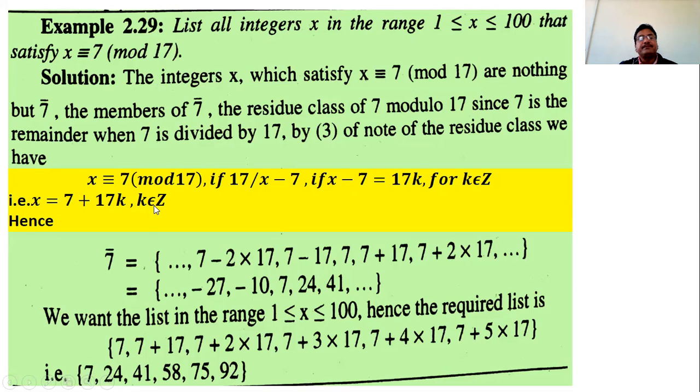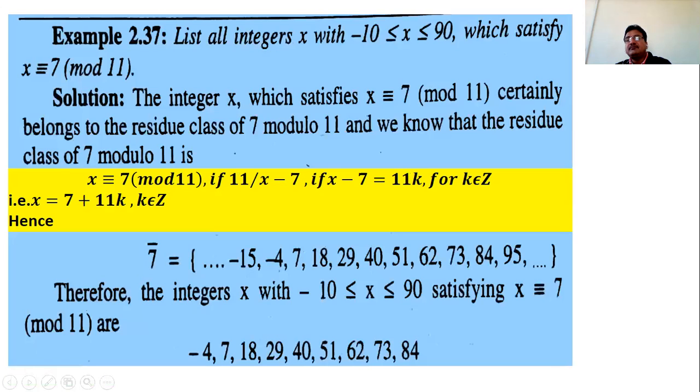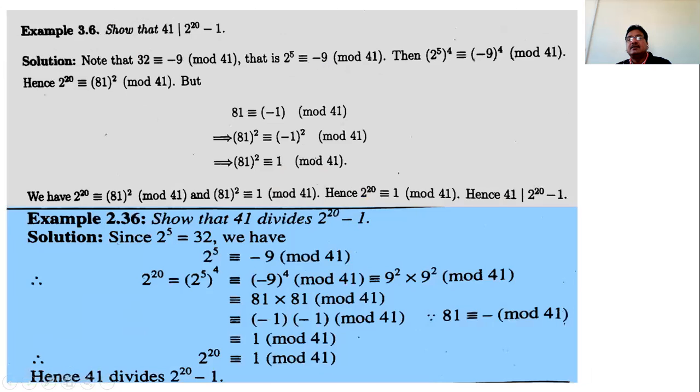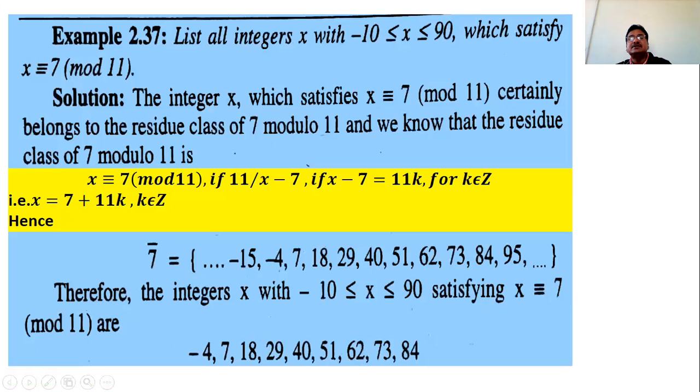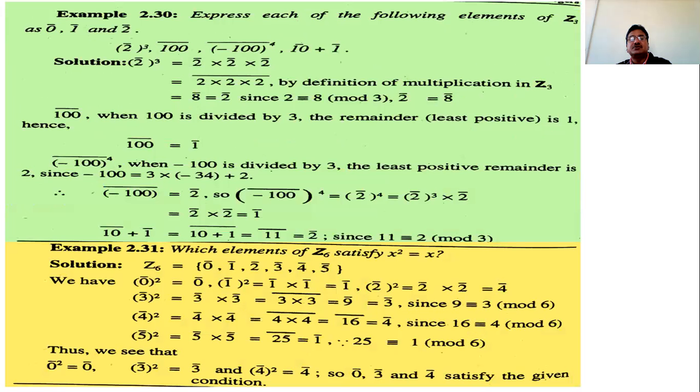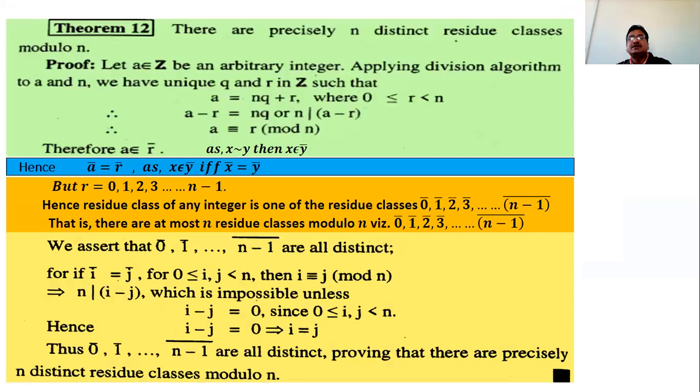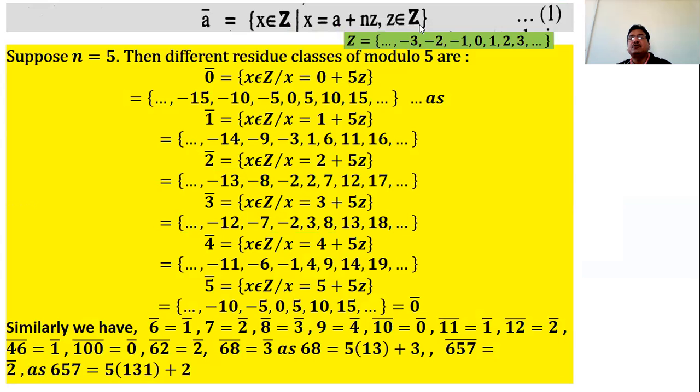That is, substitute k as an integer. And what is the set of integers? The set of integers is 0, 1, minus 1, 2, minus 2, and so on. If you start from minus infinity, it is ..., minus 3, minus 2, minus 1, 0, 1, 2, 3, and so on.